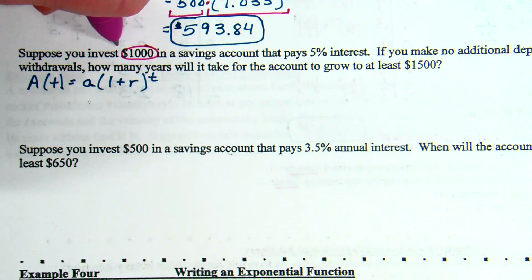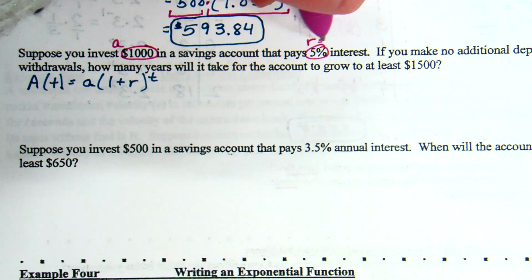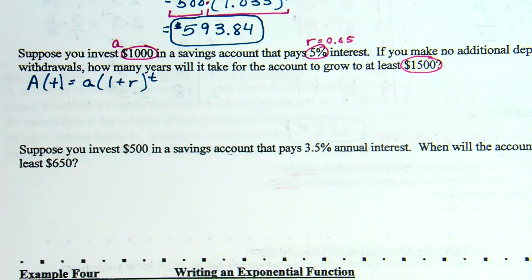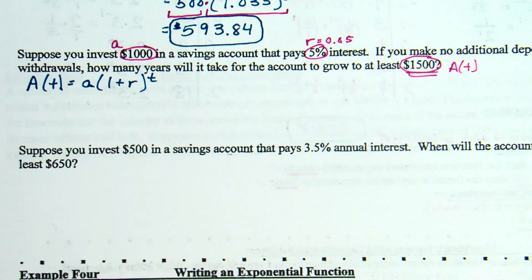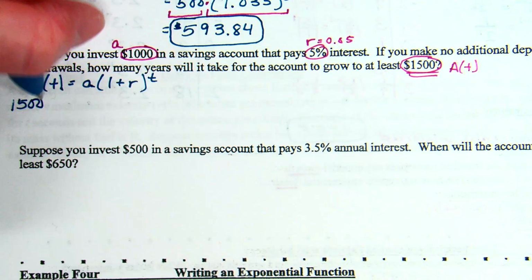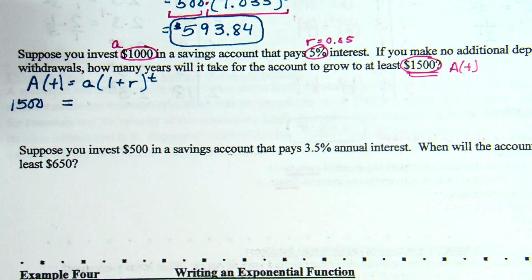That's your little a. 5% interest, what's that? R, and what am I going to use as R? 0.05. If you make no additional deposits. Okay, now, right here, what about this 1,500? Yeah, it is the A of t. Okay, so, I agree, you can set it up like that. We're trying to find, when does this equation equal 1,500?